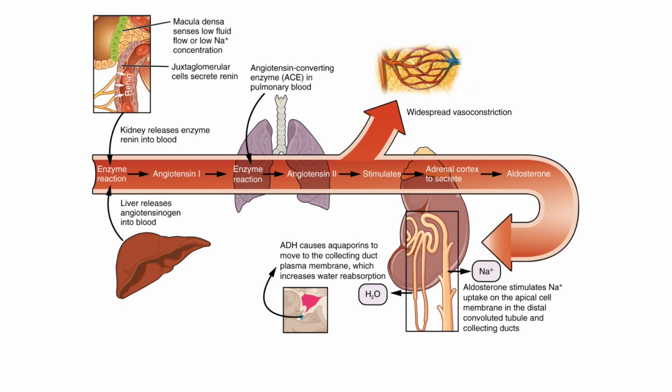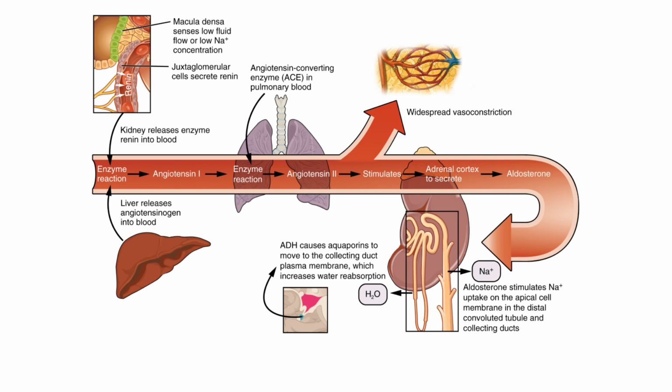Because remember, renin is an enzyme, and it takes angiotensinogen to angiotensin-1, tongue-tied there. One is circulating in the blood.